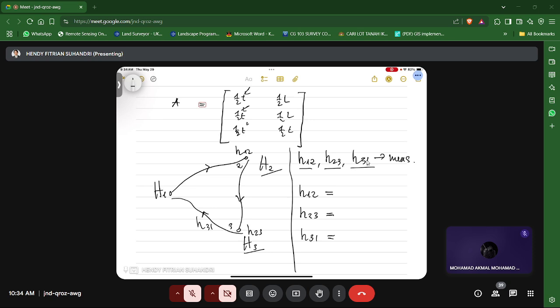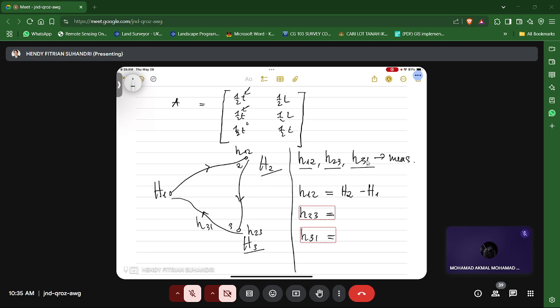H12, we can expand this equation as H2 minus H1. This is the height difference between the reduced level at point 2 subtracted with the reduced level at point 1. It's logical, right?